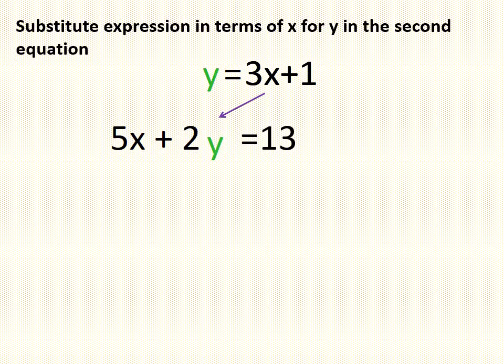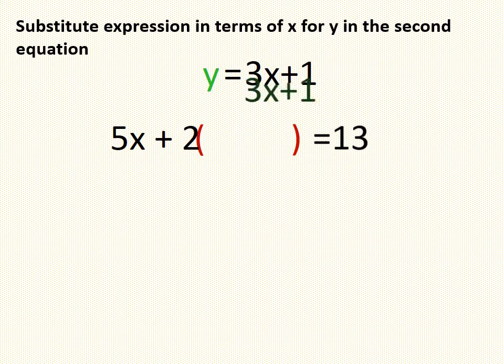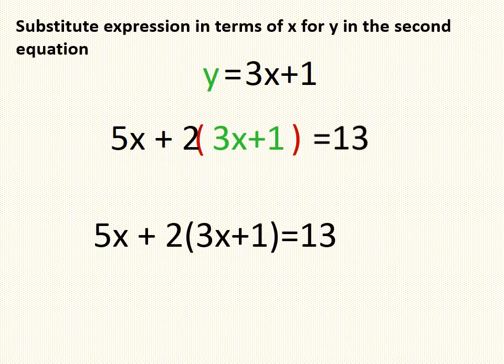I can substitute the y in the second equation with the value of y in terms of x. This allows me to change the two variable equation into a one variable equation. So I'm going to end up with 5x plus 2 times (3x plus 1) equals 13 instead of 5x plus 2y equals 13.